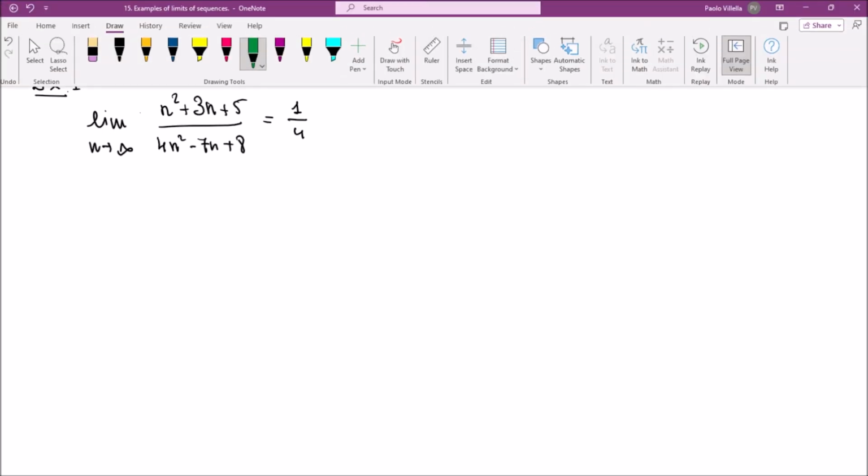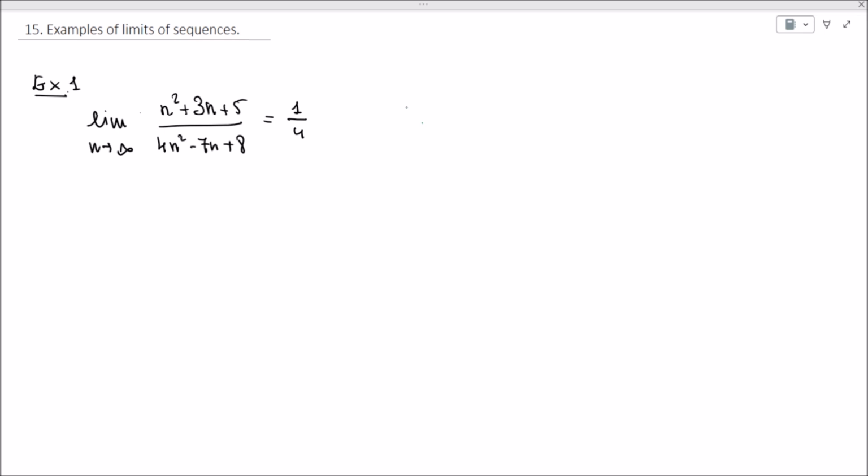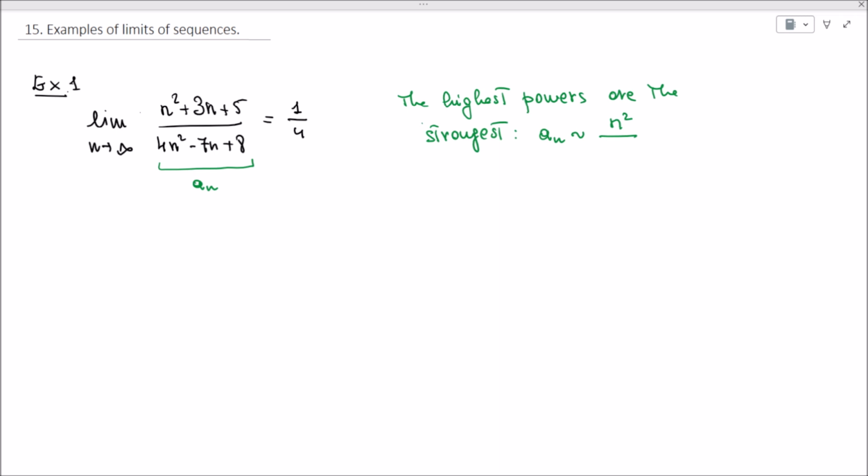What is the idea behind this? Well, the idea is the following: basically, the highest powers are the strongest, so that this sequence an, as n goes to infinity, can be approximated by taking just the highest power at the numerator, n squared, and the highest power at the denominator, 4n squared, so that this is basically 1/4.